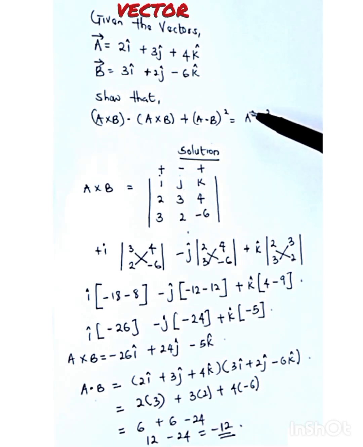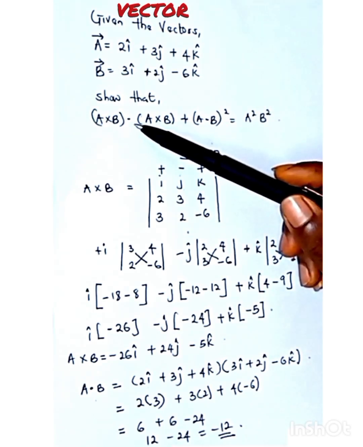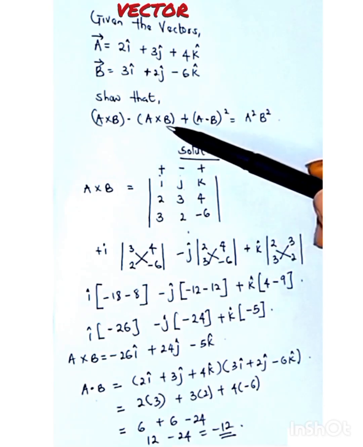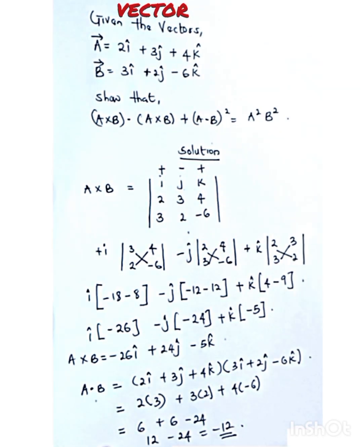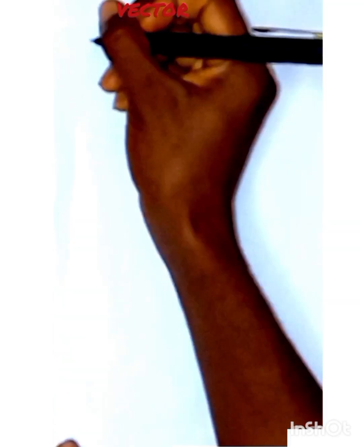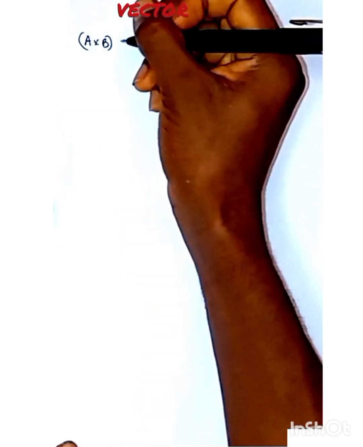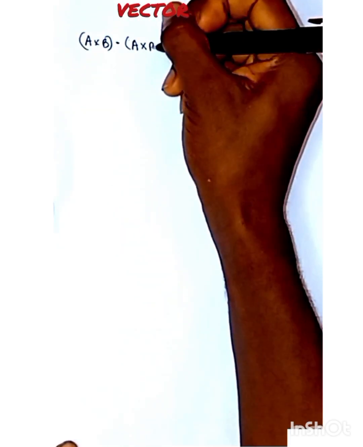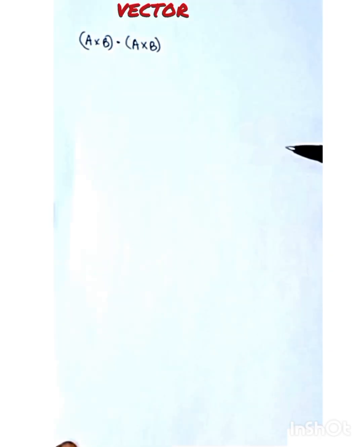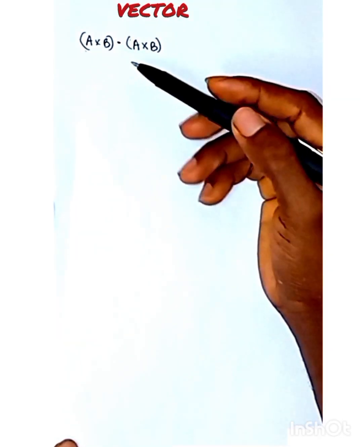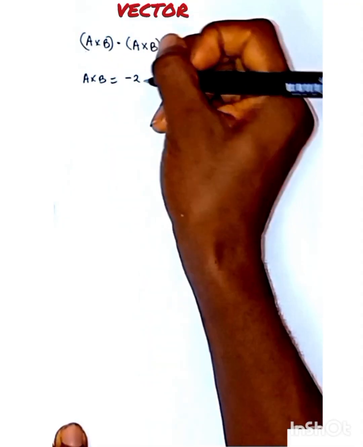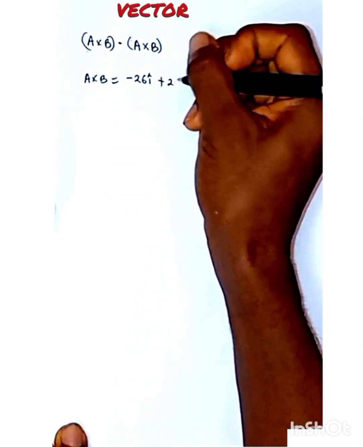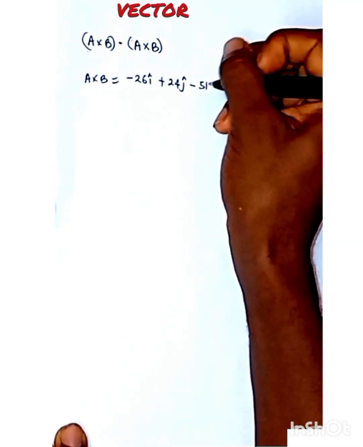Now we'll get the dot product of the cross product. Here we have A cross B dot A cross B, where A cross B is equal to minus 26i plus 24j minus 5k.